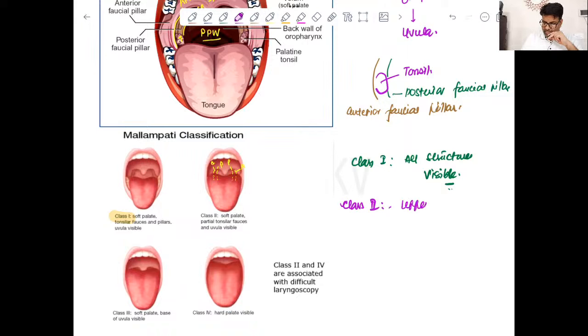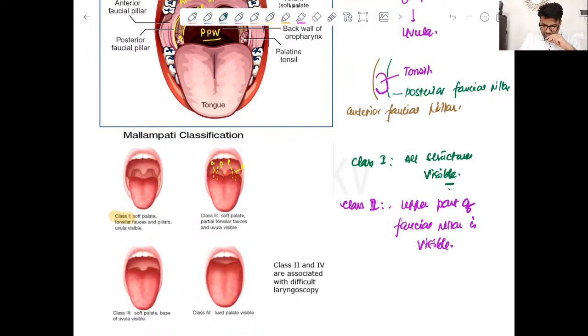upper part of fascial pillar is visible, right? Only the upper part of the fascial pillar is visible, and at times we can see that the uvula also is not fully visible, right?